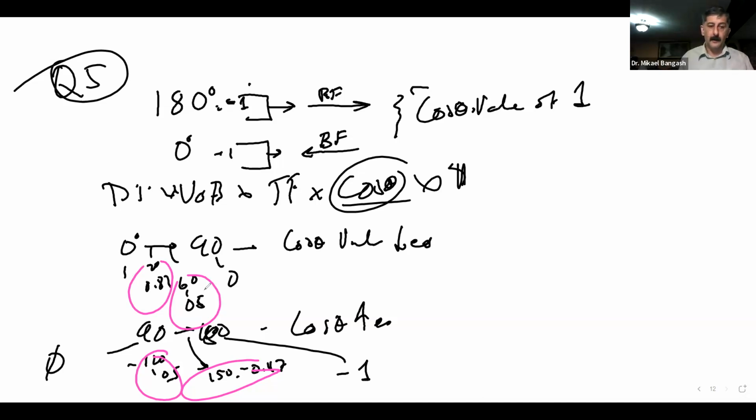Well, when your angle is greater than 90, that will be negative. From 90 to 180, those will be negatives. From 0 to 90 will be positives. And 90 is just 0.